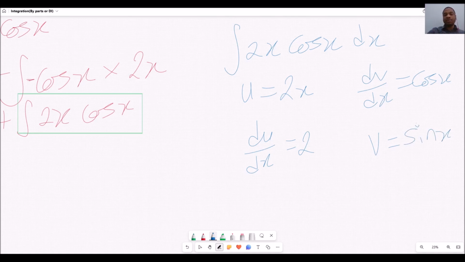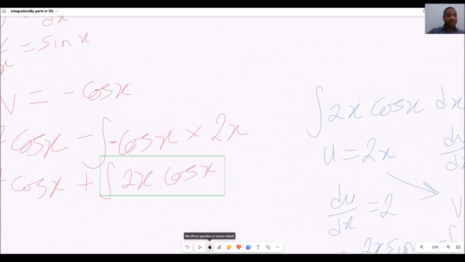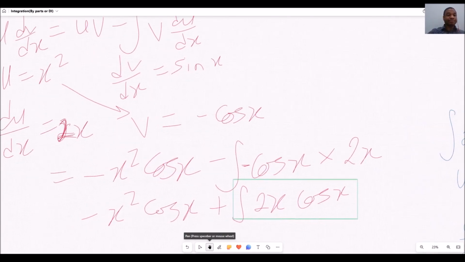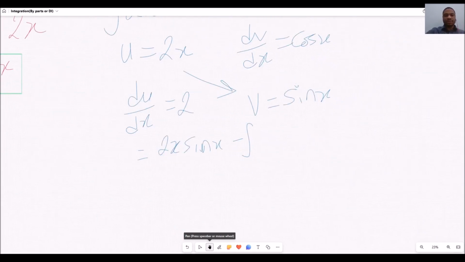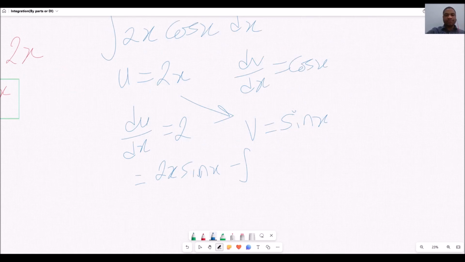I use the formula that will give me uv, so 2x sin x, minus the integral of v du/dx. v is sin x times 2, so this should be 2 here.